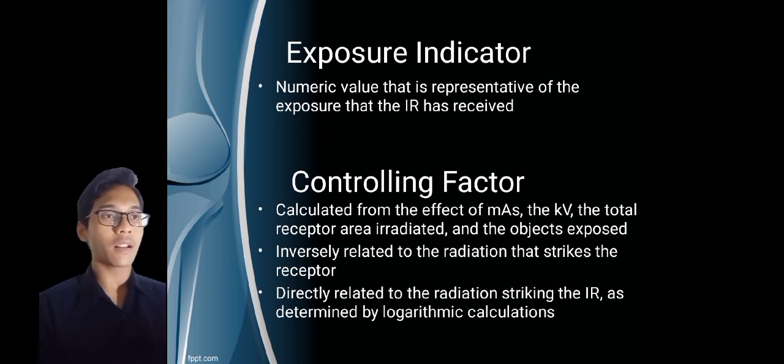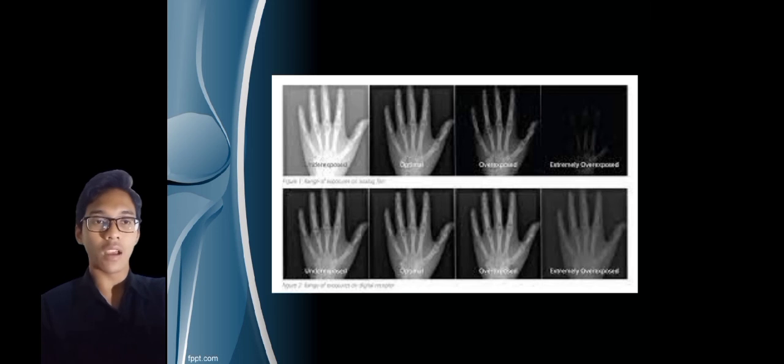For example, if an acceptable exposure indicator is typically 2.0 to 2.4, an indicator value less than 2.0 would indicate underexposure, whereas an indicator value greater than 2.4 would indicate overexposure. So this is a picture showing an overexposed radiograph, the optimal exposure, and an extremely overexposed radiograph.